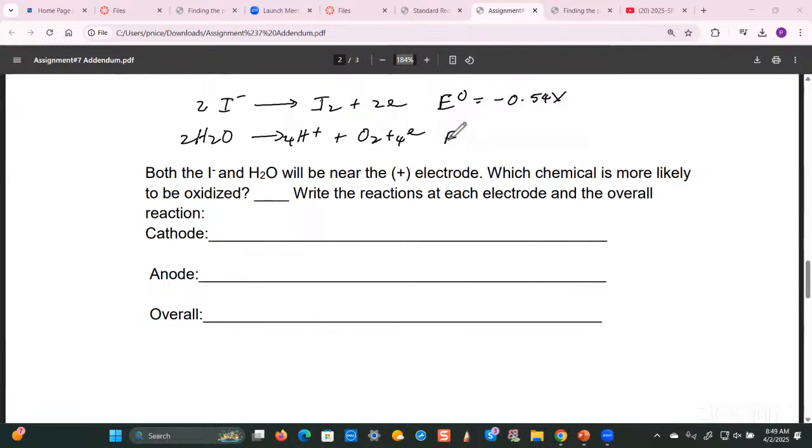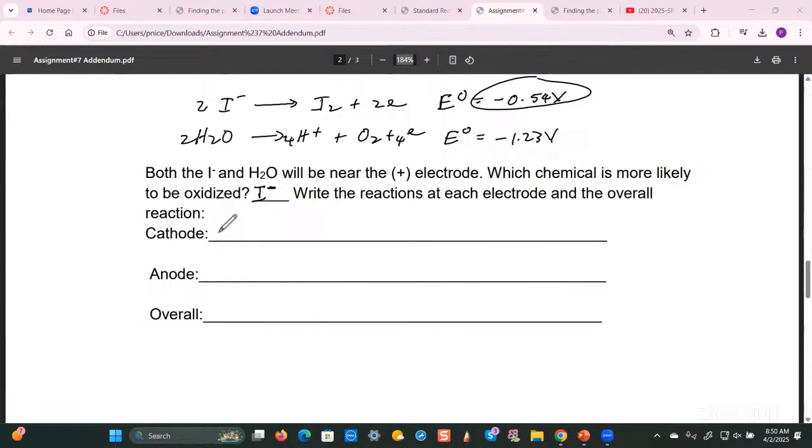And the EMF value of that, we saw already, would equal minus 1.23. So the question now is which one has the higher value, and that would be the minus 0.54. So therefore the answer here is that the iodide will undergo oxidation more likely compared to water, right?